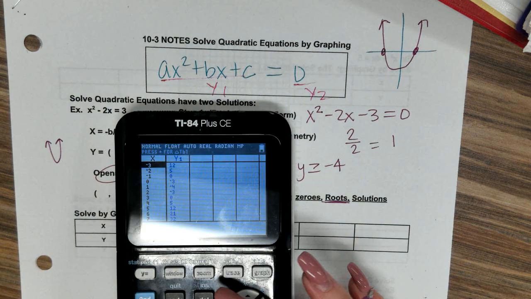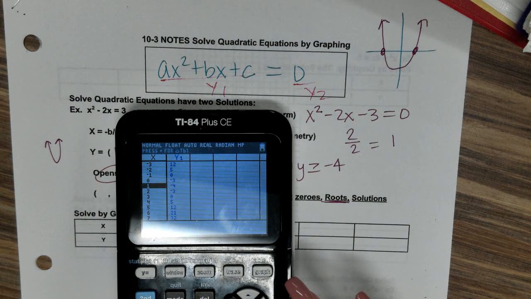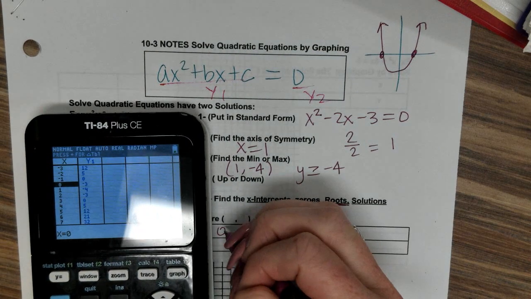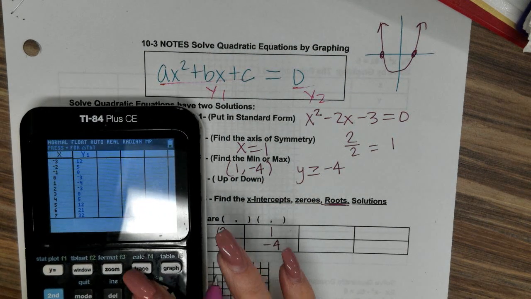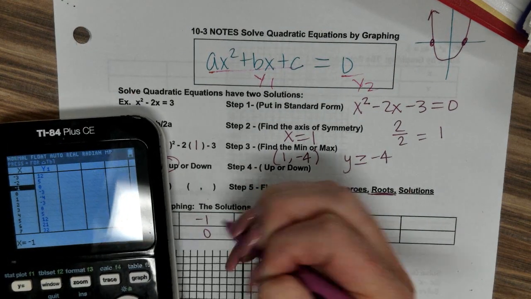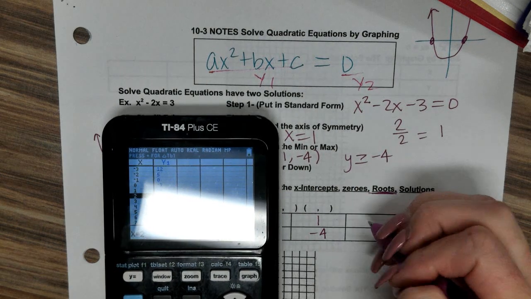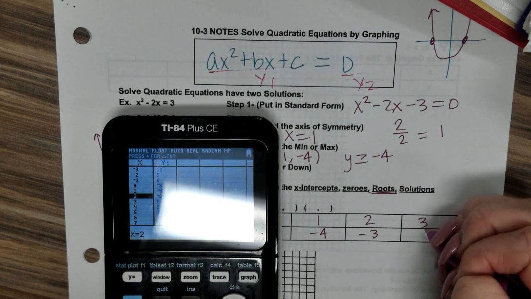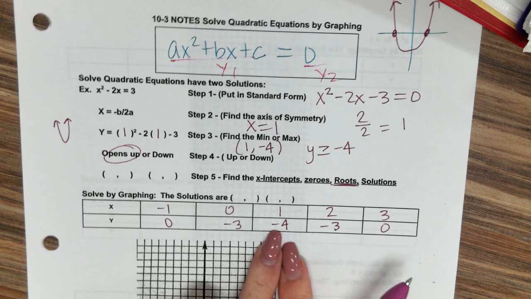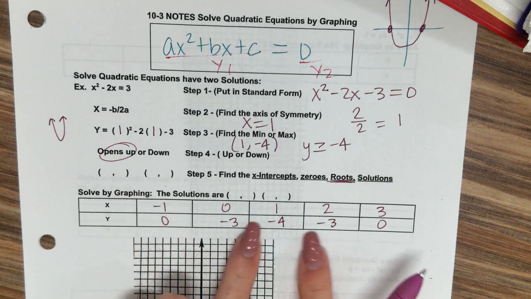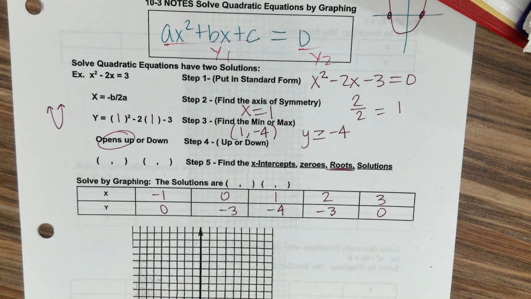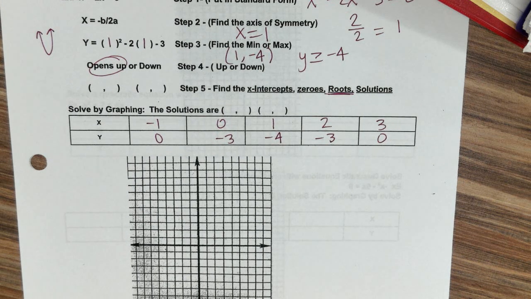So I need 0, -3, and then -1, 0. And then I need 2, -3, and 3, 0. Notice that it becomes symmetrical at that vertex. So we're going to graph it, and we're going to find the zeros.